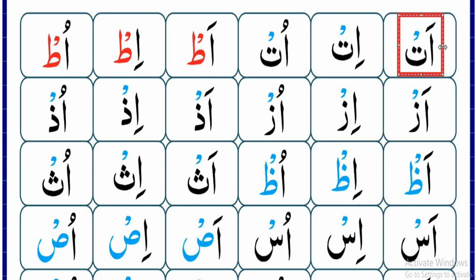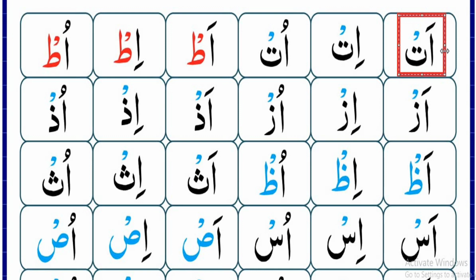Because if the letter before a Sakin letter is another Sakin letter, then you cannot connect it to that Sakin letter. You can only connect it to the last Mutaharrika letter, the letter which has a haraka, a Fatha, Dhamma or a Kasra. So this is how you spell it: Hamza Ta Fatha At.